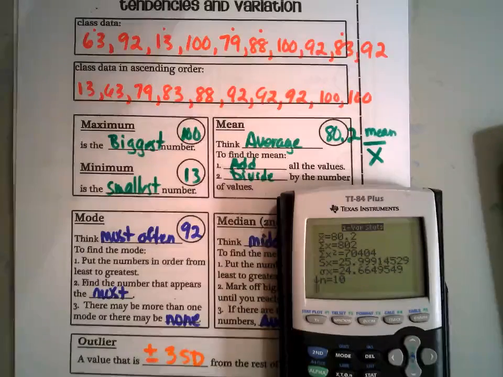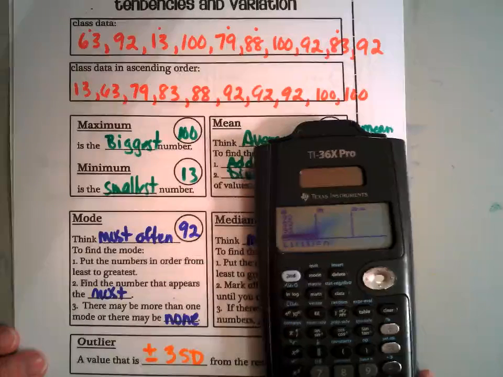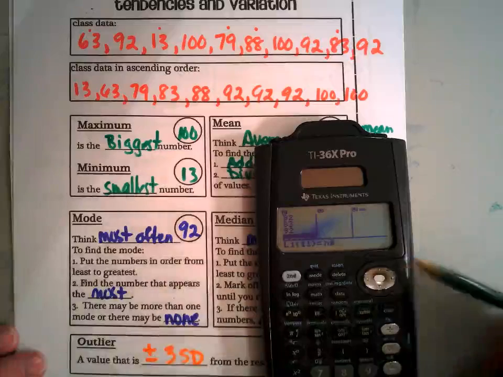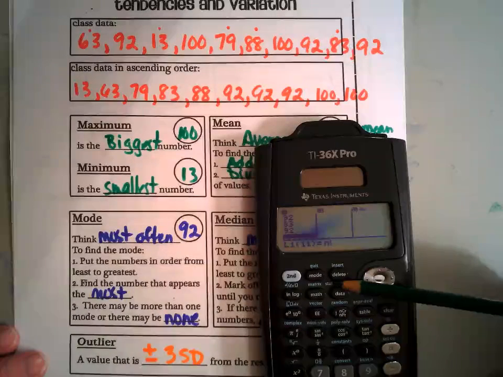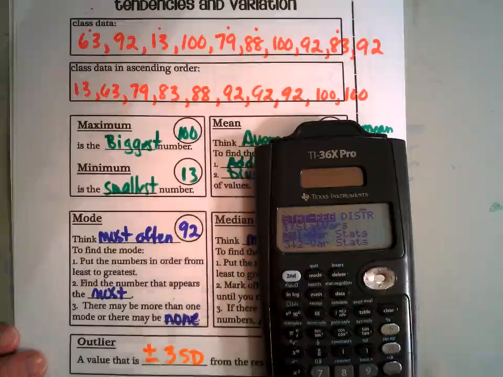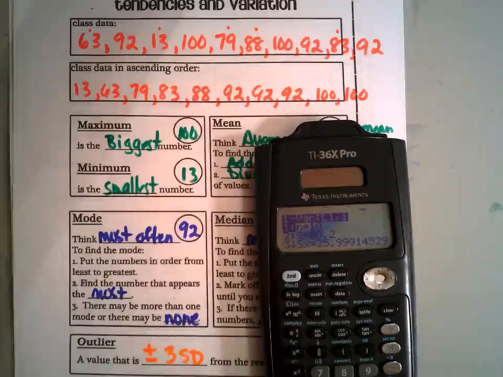All right. I'm going to change calculators real quick and show you the same thing on the TI-36X Pro. So we want to go to the stat reg. We hit second data, go down to number 2, hit enter, and enter our way through here. And here's the same data.